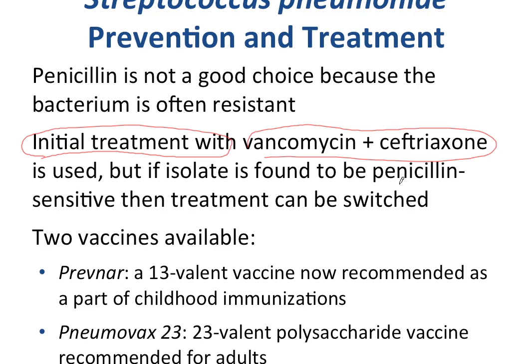Okay. So we also have vaccines available to prevent this disease. We have two. One is Prevnar. Okay, Prevnar. Another is Pneumovax. Prevnar is for children. Pneumovax is for adults.